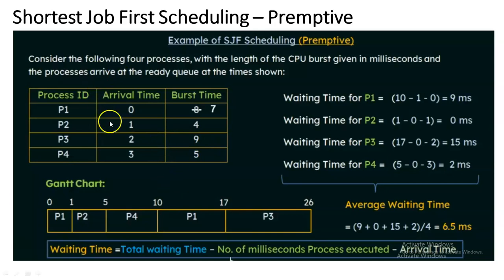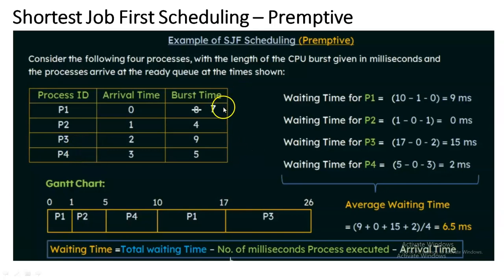But before that, P1 is also there. We completed only 1 unit of time of it, so it has become 8 to 7 remaining burst time for P1. So at unit time 5, 3 processes are in the queue now. They are P1, P3 and P4.